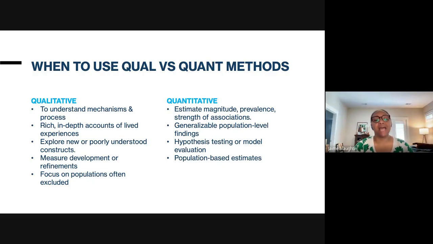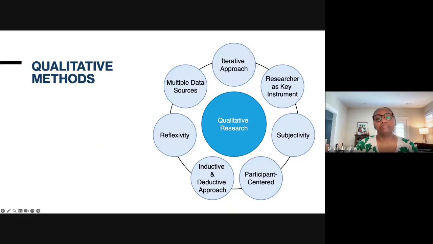We're thinking about magnitude, and we're thinking about strengths of associations. But in qualitative, again, we're thinking about understanding mechanisms or processes or identifying new concepts. So each has its own purpose. And sometimes we use them separately, sometimes we may use them iteratively, and sometimes we may use them in an integrative way in our research.